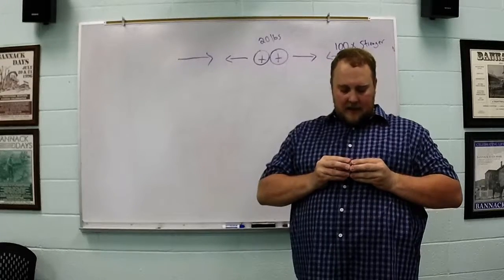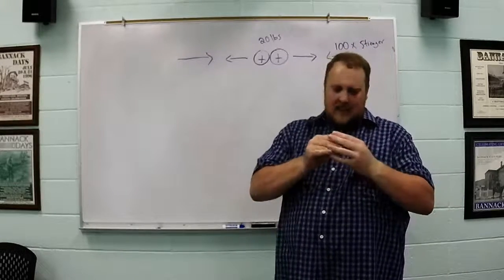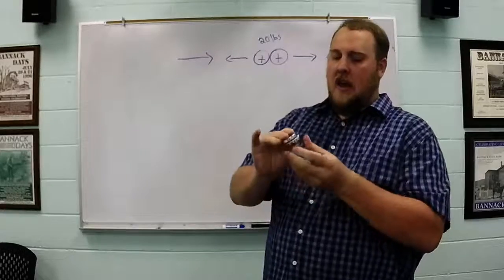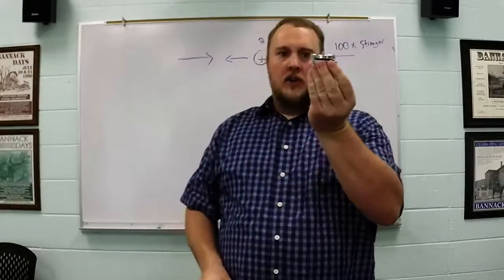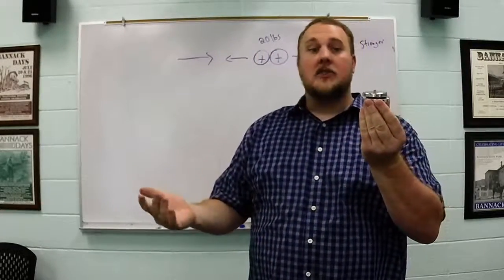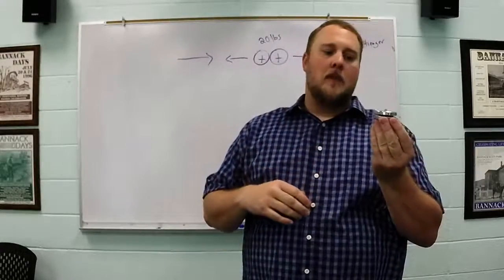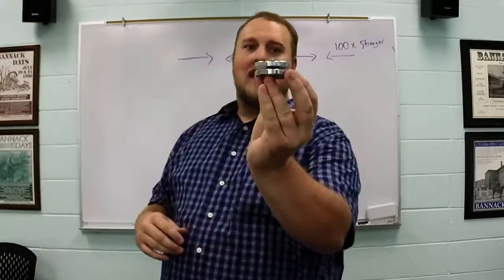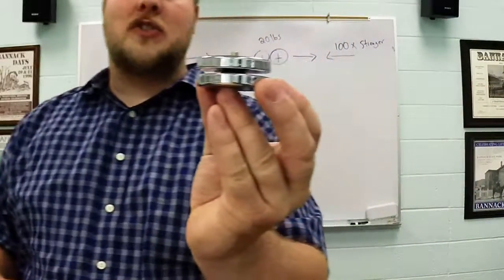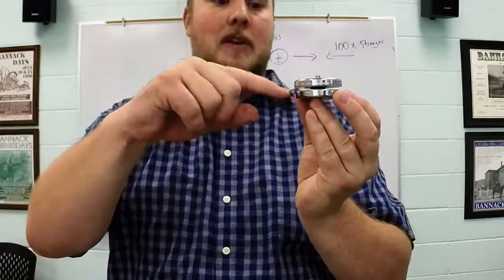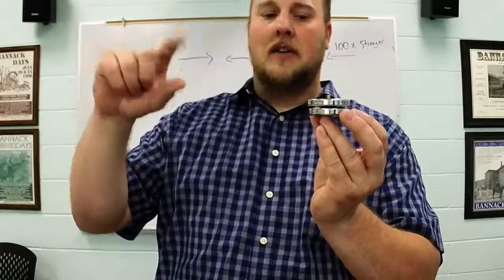If I put them together like this, nice and tight, and I let go, you'll see that the Velcro, i.e. the strong force, has overcome the electromagnetic. In fact, if I pass this around or hold this close enough, you'll see that there's still a gap between these two magnets because they're being repelled.